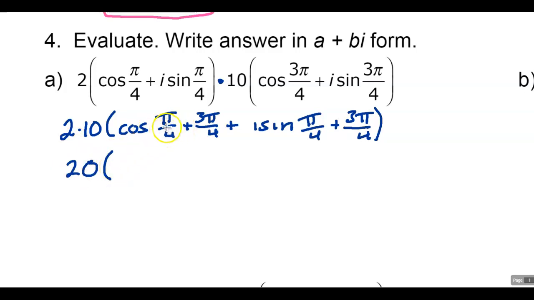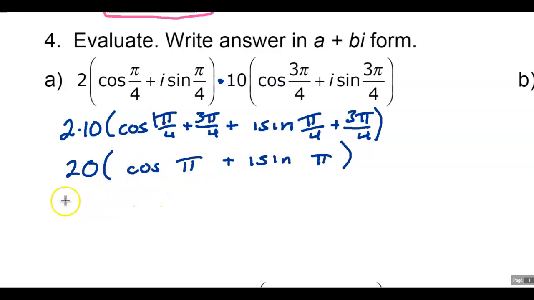And pi over 4 plus 3 pi over 4 would be 4 pi over 4, like 1 plus 3 is 4, and 4 divided by 4 is just pi. And from a degrees point of view, this is 45 degrees plus 135, which is 180. So it doesn't matter which units you use, same result.